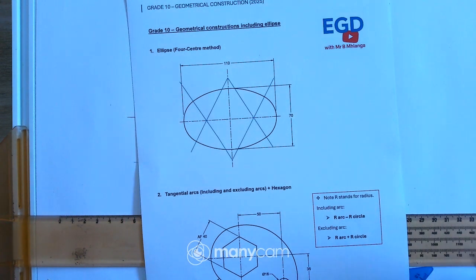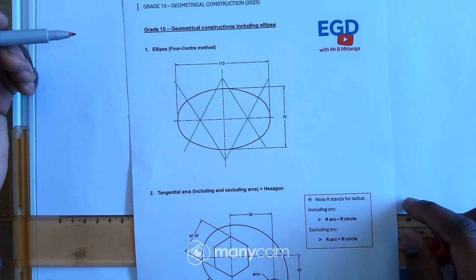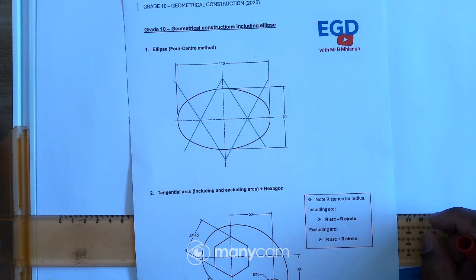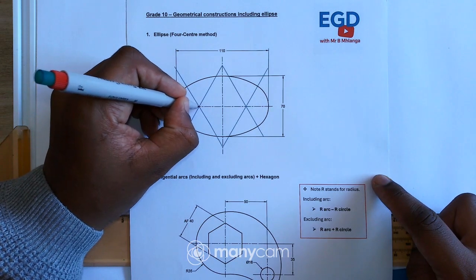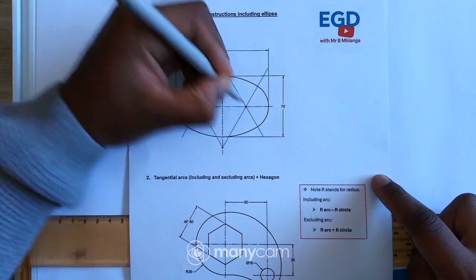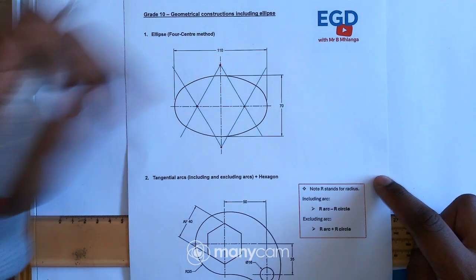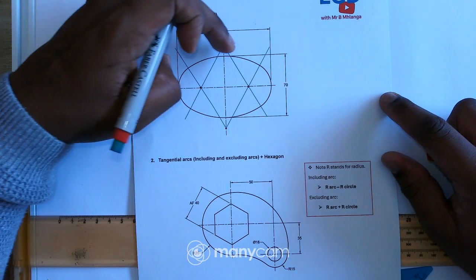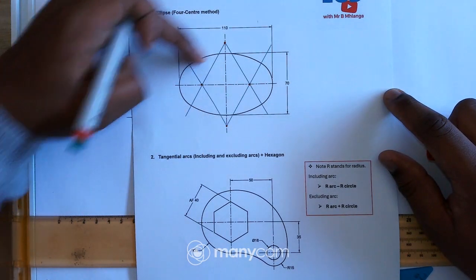Because this is a 4 center method, obviously we must have 4 center points, right? So those center points, this is the first one, this is the second one, third one, and the fourth one. So these are the center points.